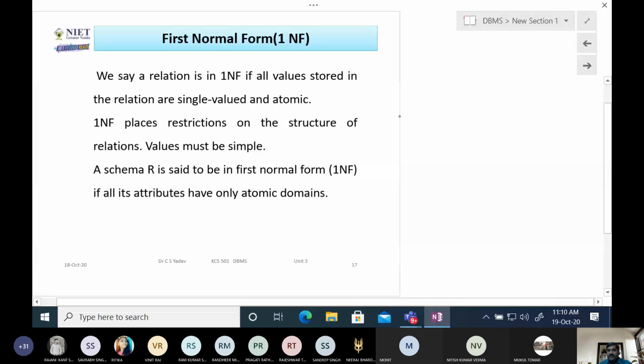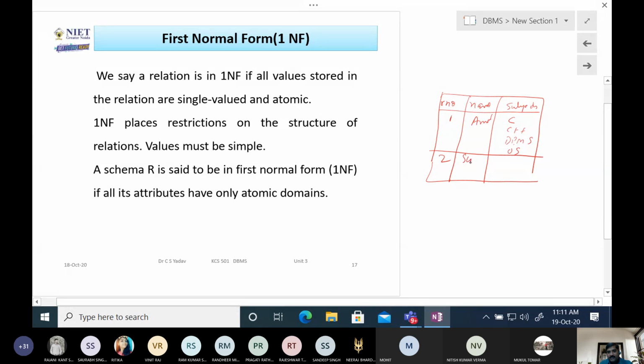Did you get it? Suppose we design a table like this. Here, roll number, then name of the student and subjects. Suppose we write 1, Amit, and subjects are C, C++, DBMS, then OS.